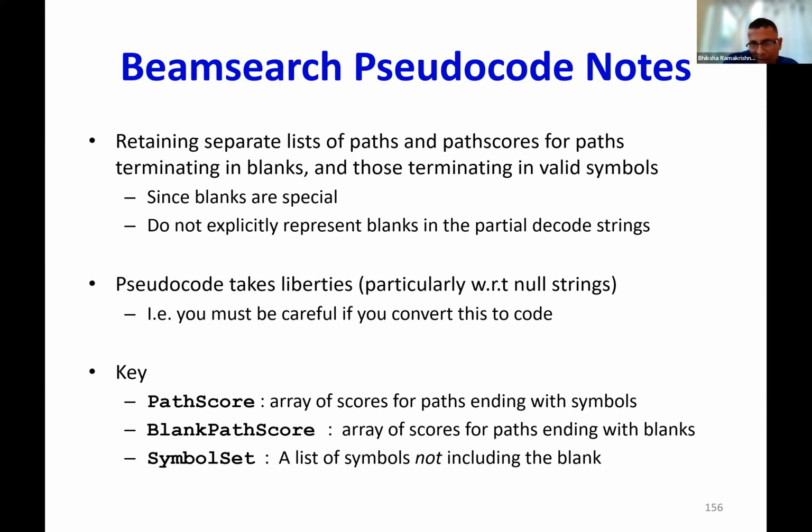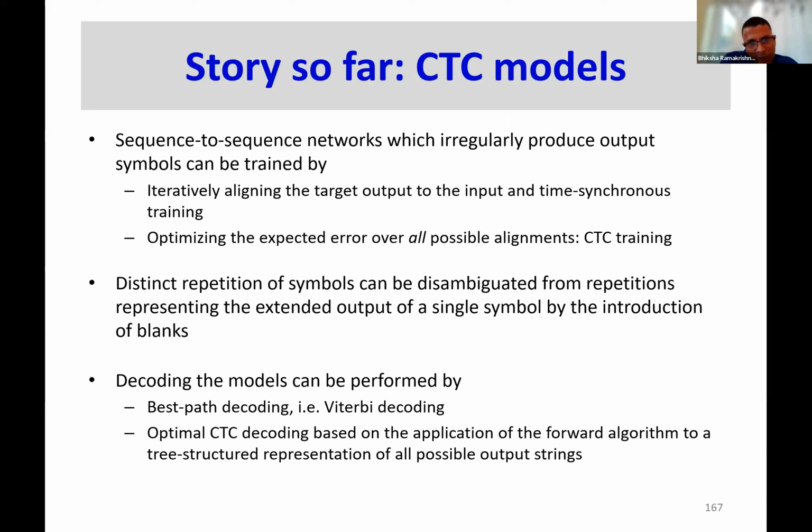Good. And so that's the story so far. These are sequence to sequence networks, which take in a sequence of inputs and produce another sequence of outputs, where the output sequence may not be the same length as the input. And they can be trained either by iteratively aligning the target output to the input and using time synchronous training, or optimizing the expected loss over all possible alignments.